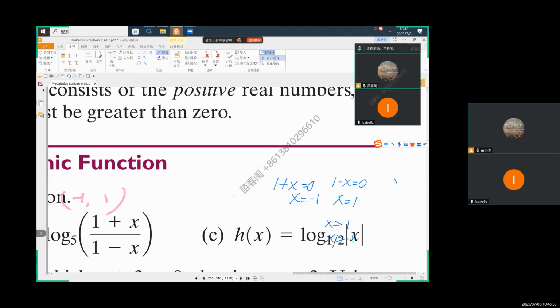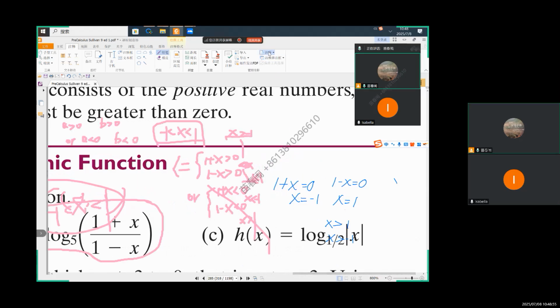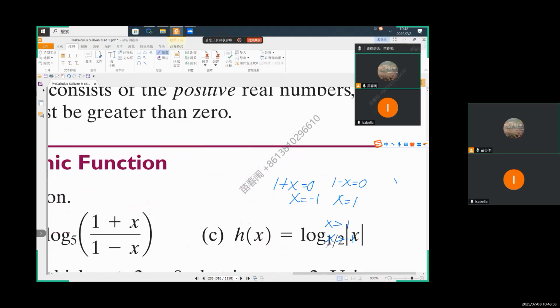And then let's see this one. This one is 1/2 and x. That's the value of x. Oh, that one makes it easy. This is absolute value.